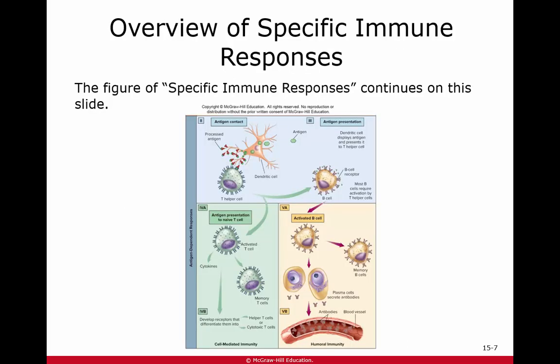So when we look at an overview of all these specific immune responses, up here in the top, in the blue, we have foreign cells that can have antigens and that are recognized and engulfed by these antigen presenting cells, and then they activate B cells and other T cells.